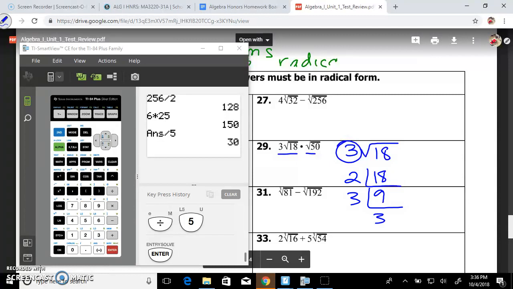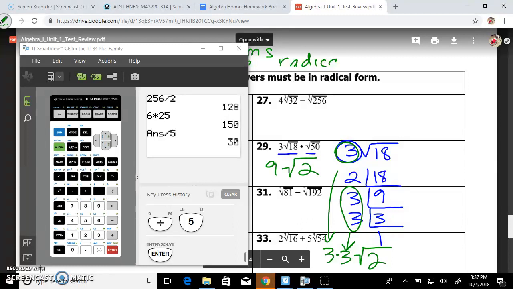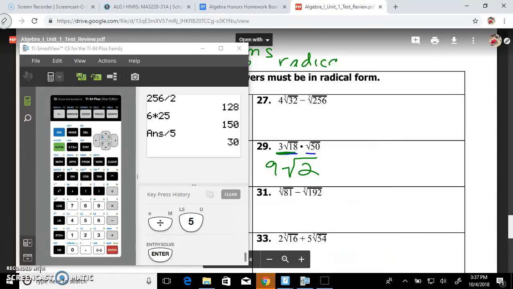Divide by 3, 3, 3, and 1. Group of 3s, and then 3 from the beginning. So we have 3 times 3 square root of 2, or 9 square root of 2. That's that first one. All right, now let's simplify the square root of 50.